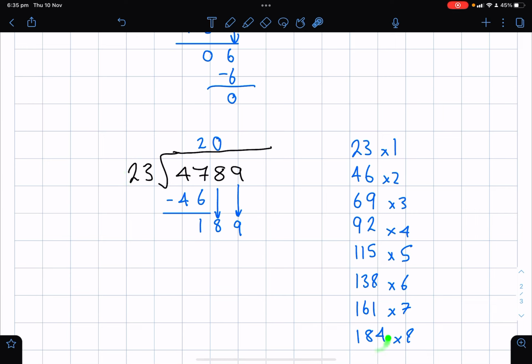Over here, and this is why I've gone all the way down to times by 8, we see 184, which is nearly 189. So we know that is 8 times 23, so we put an 8 there. Now 8 times 23 is 184, and we subtract that off. Now 189 minus 184 is just 5. Now that is my remainder. So 4,789 divided by 23 is 208, remainder 5.